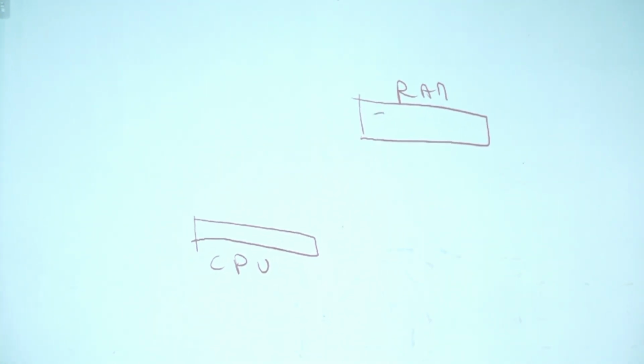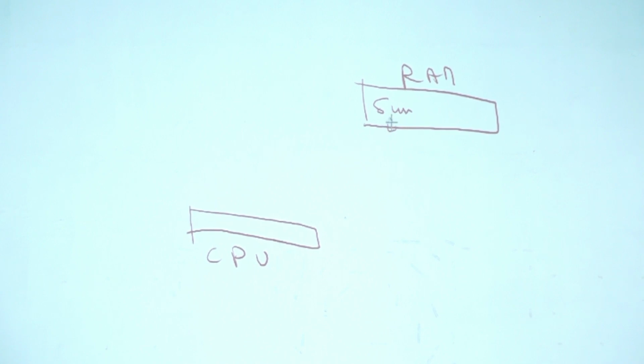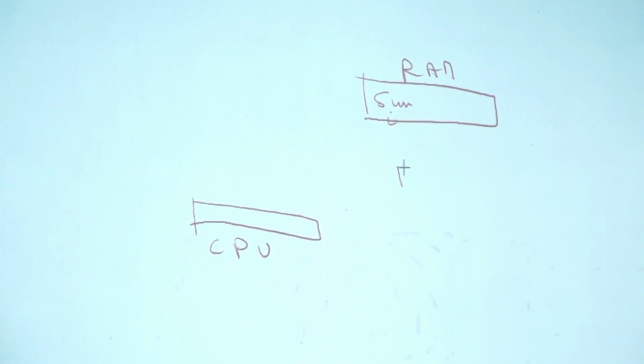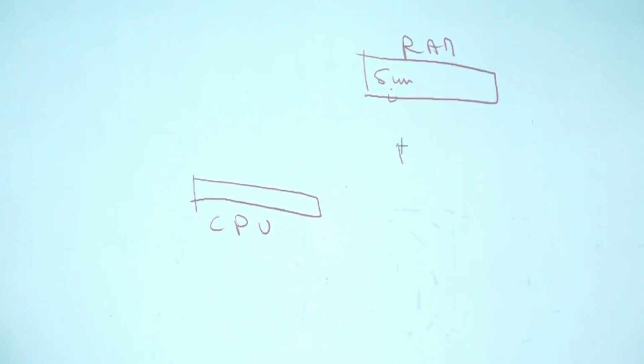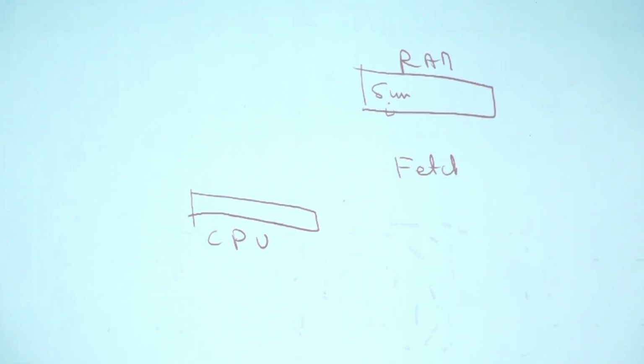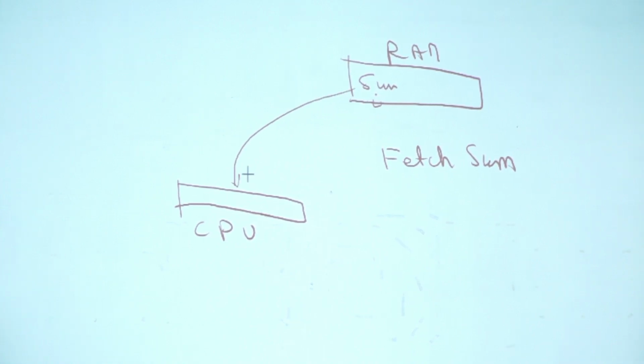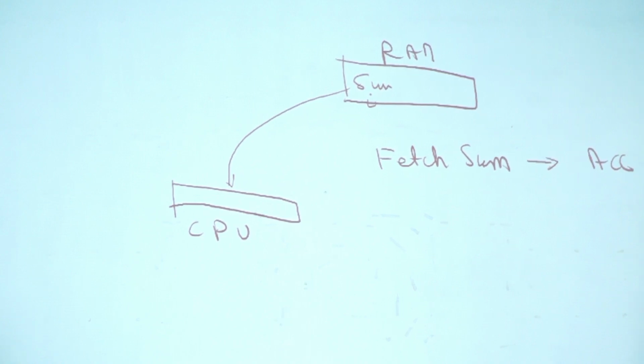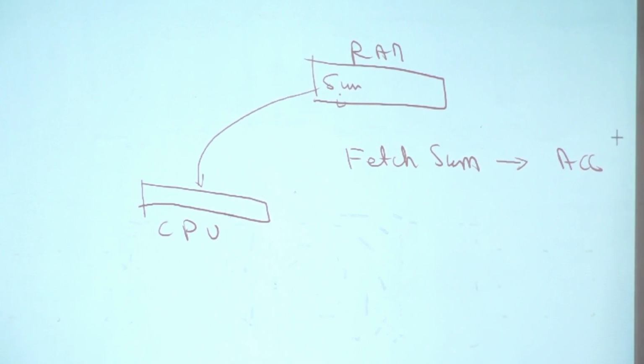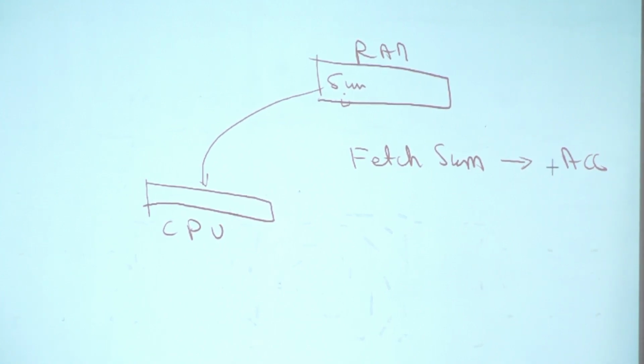In the RAM, sum is sitting, I is sitting, and every time what is happening, I'll try to write this in simple words. Fetch sum. Fetch sum means fetch sum from the RAM into the CPU. Rather, the CPU has a unit called accumulator where all the computations get done. Fetch sum into the accumulator.